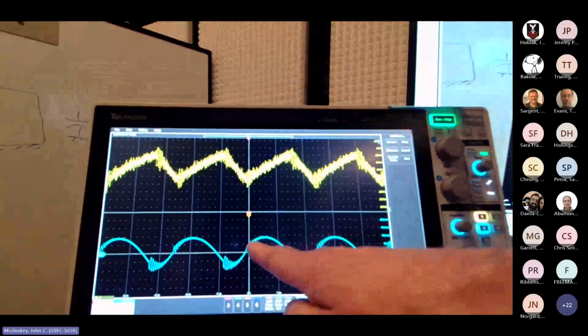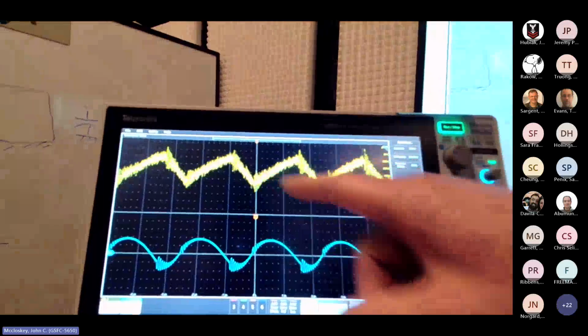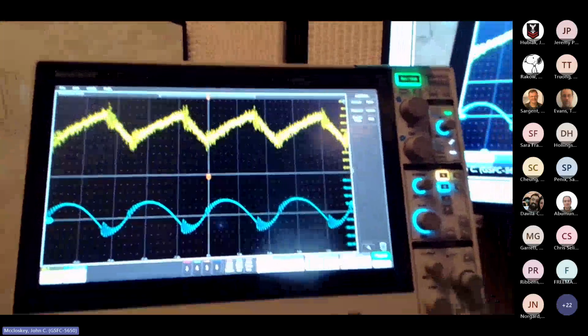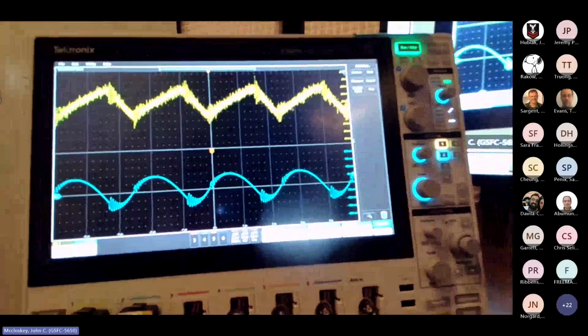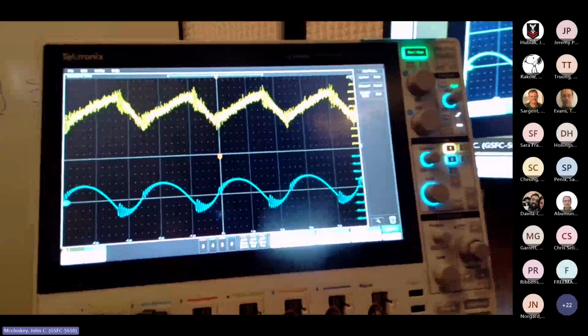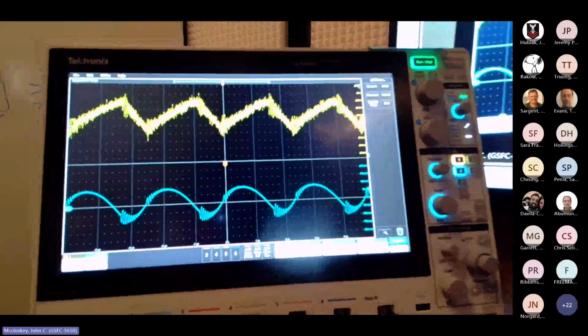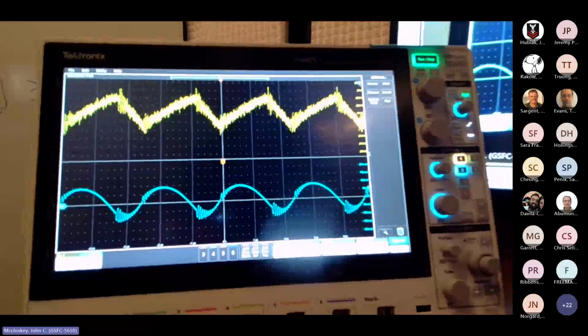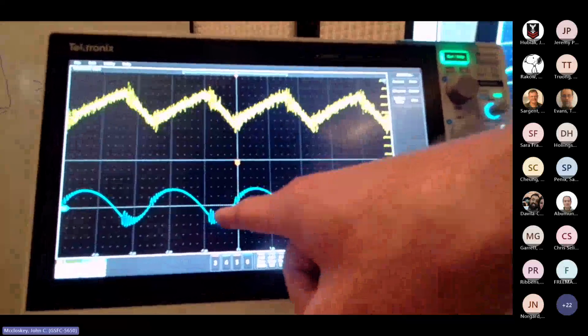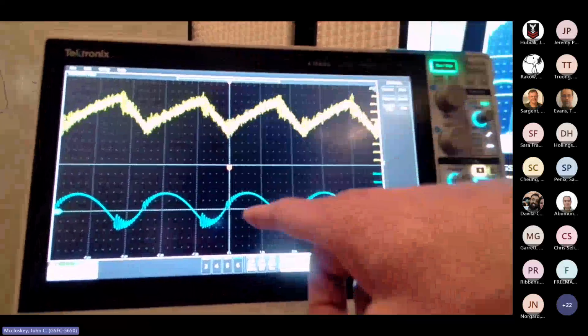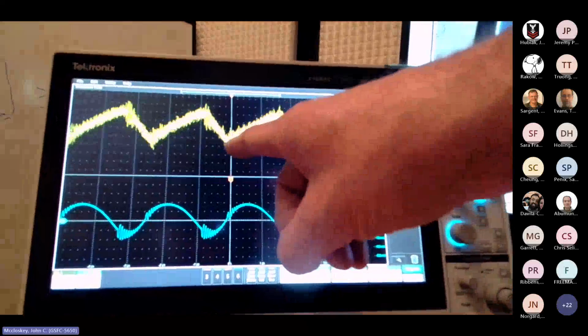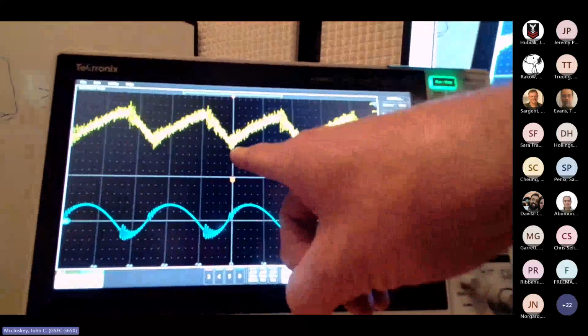The current will go up, and the voltage will go down. The entire raison d'etre of a power converter is to deliver constant power. So a positive delta I should give you a negative delta V. Current goes up, voltage goes down. So that's what happens here. The current's going up, voltage is going down. Then you get to the off part of the waveform, which is quite evident there.